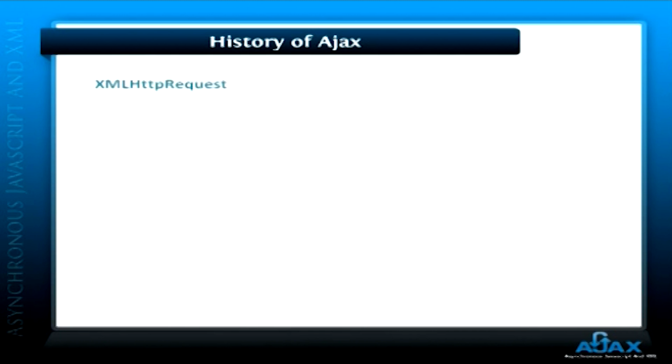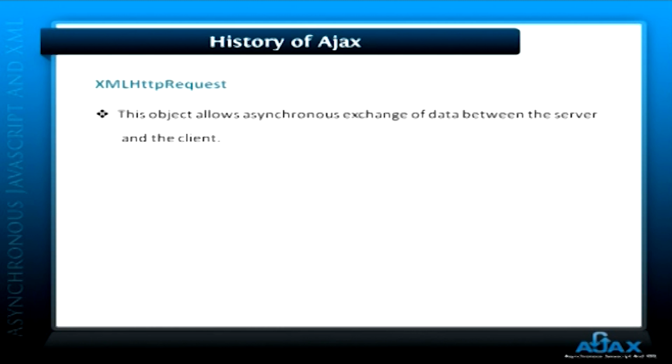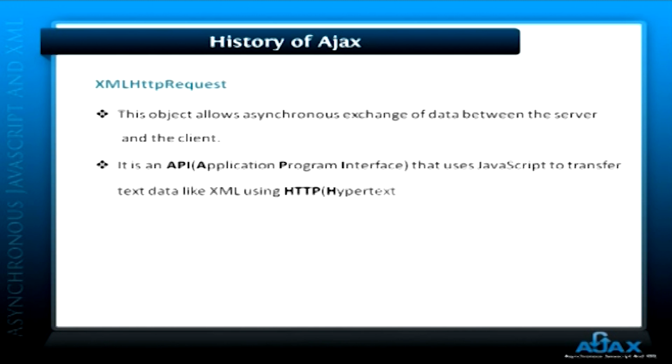XML HTTP request. This object allows asynchronous exchange of data between the server and the client. It is an API, Application Program Interface, that uses JavaScript to transfer text data like XML using HTTP, Hypertext Transfer Protocol, thereby establishing independent communication between the server side and client side of a web page.